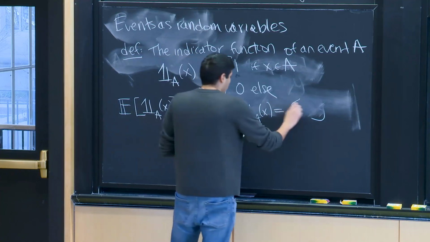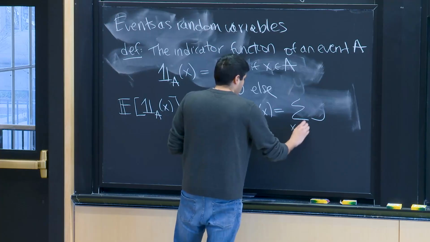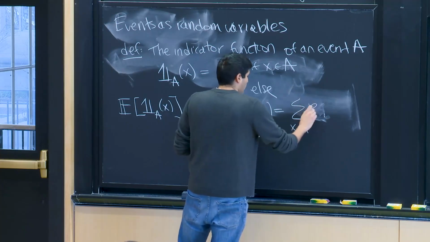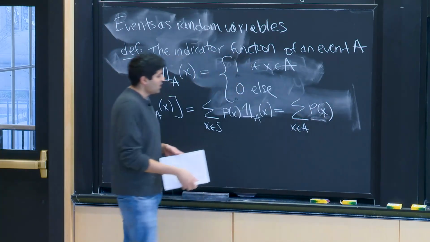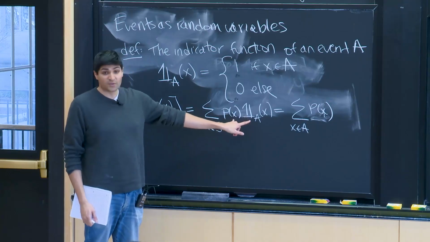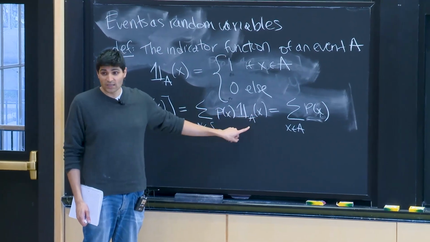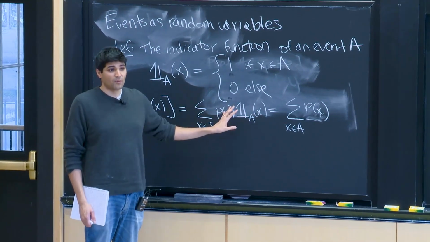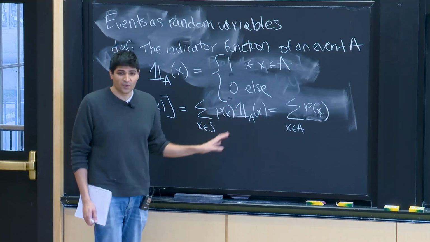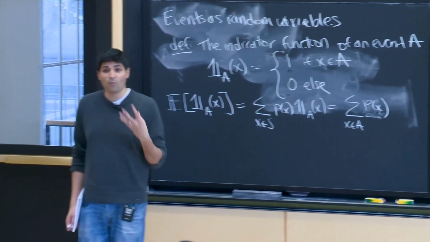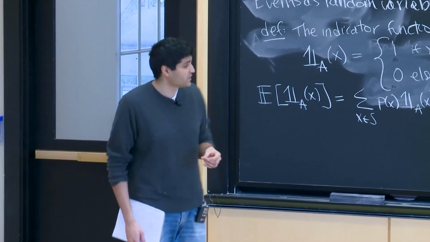And this is the same thing as the sum over all X in A of the probability of X, because the only way that this term survives is if X belongs to A. Otherwise, the term is 0, and it goes away. So this is really just bookkeeping for keeping track of which P of X's contribute to my sum.